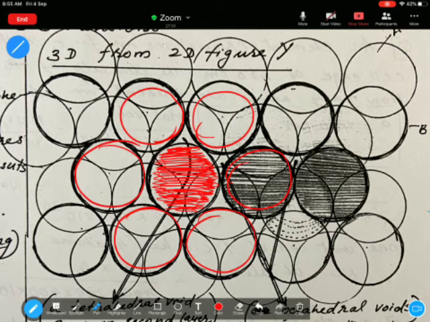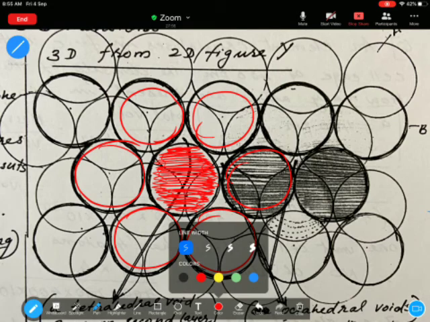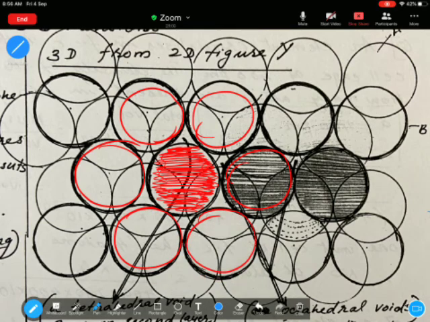A layer, I am marking with blue color. That is this ball, first layer, then this ball, first layer, this ball, first layer. So that is A layer.